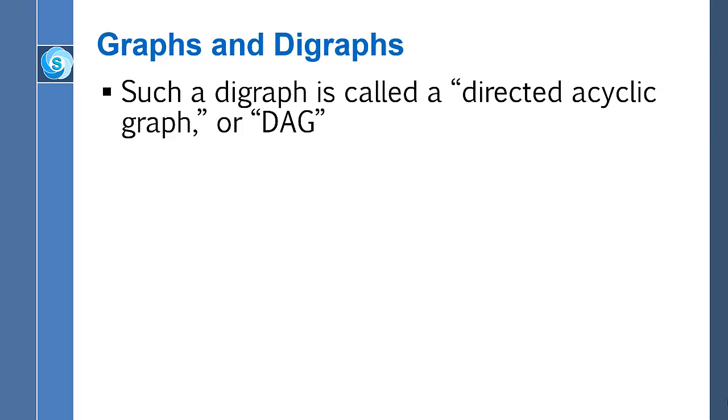The acronym DAG is very commonly used for this, and people even pronounce it DAG. So a DAG is a directed acyclic graph. Acyclic means there are no directed cycles in the graph. There are no directed closed paths.